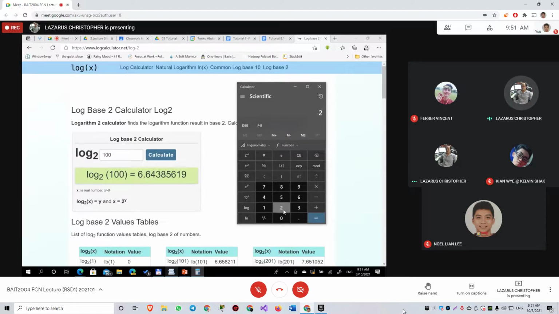So we round up to 7 because 2 power 6 is too small, 64. Because 100 falls between 64 and 128, that's why we get 6 point something. So you round up to 7. So 2 power 7 gives you 128.